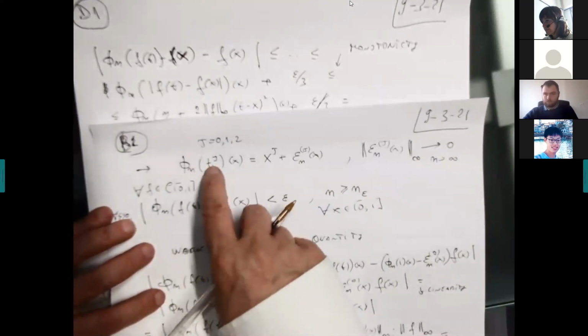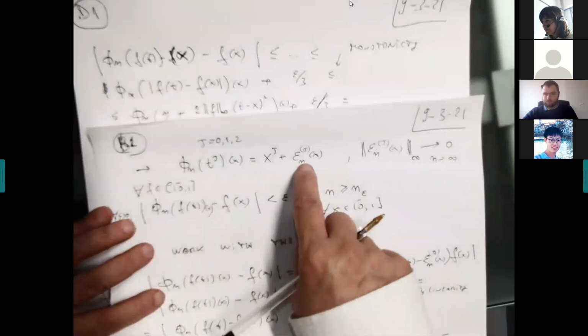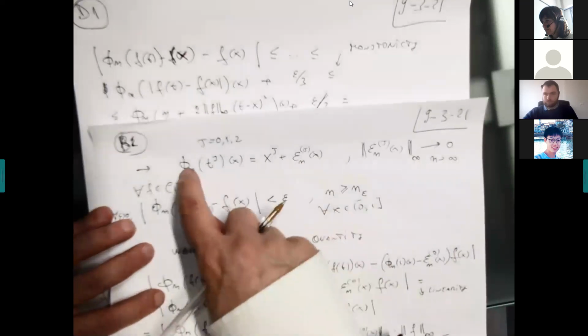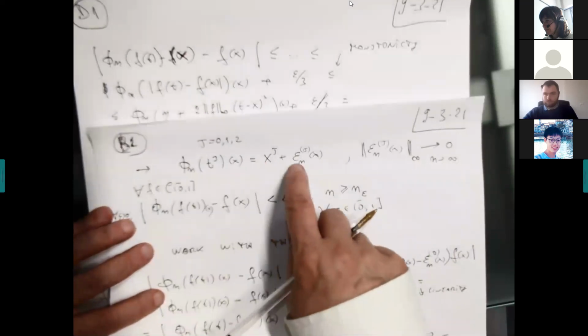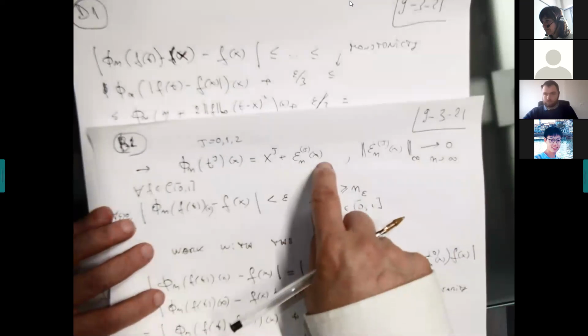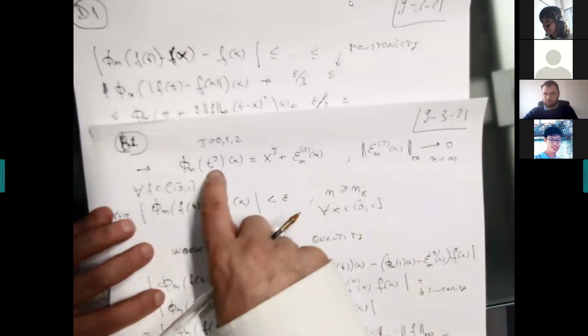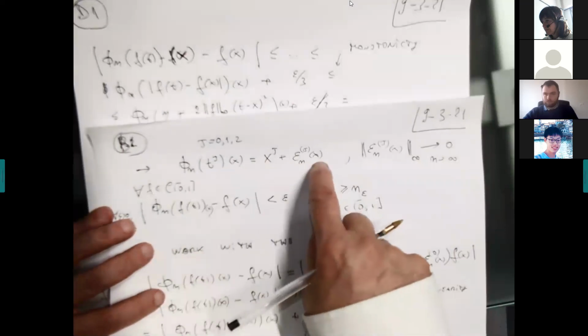Remember that phi n of 1 is 1 plus something going to 0 uniformly. Phi n of t is x plus something going to 0 uniformly. Phi n of t square is x square plus something going uniformly to 0.